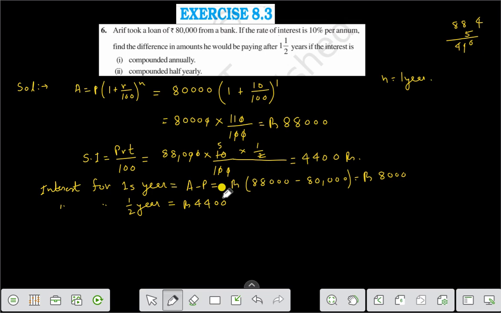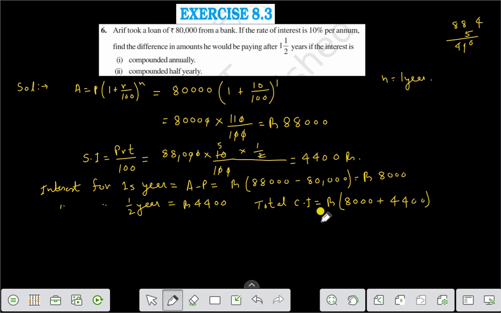Therefore, total compound interest is equal to rupees 8,000 plus rupees 4,400.